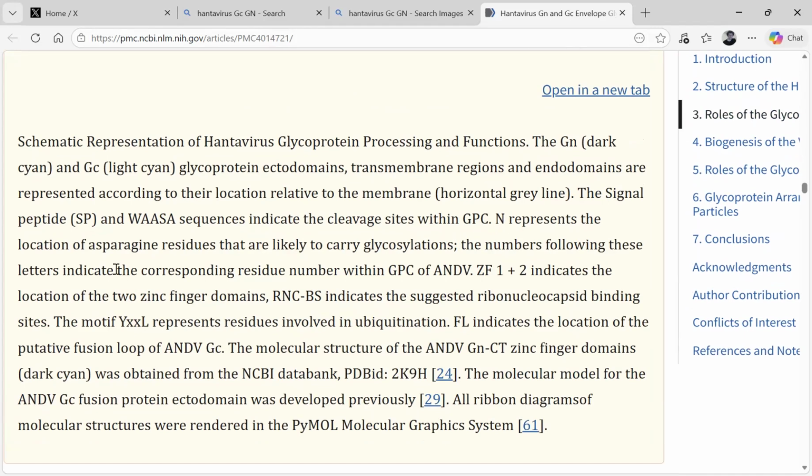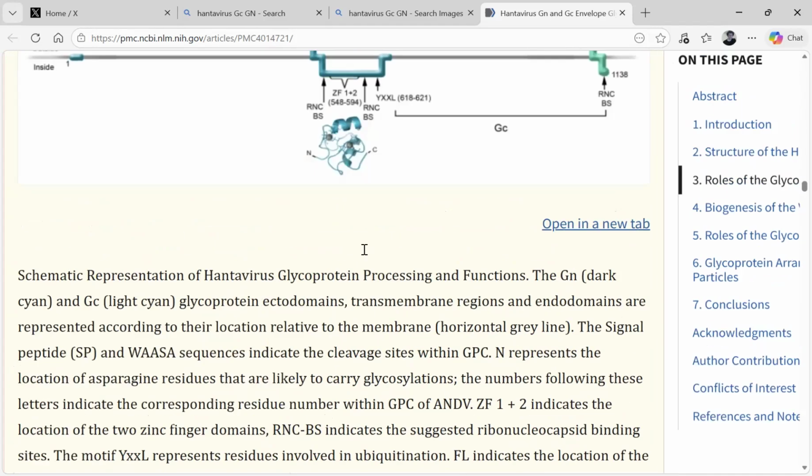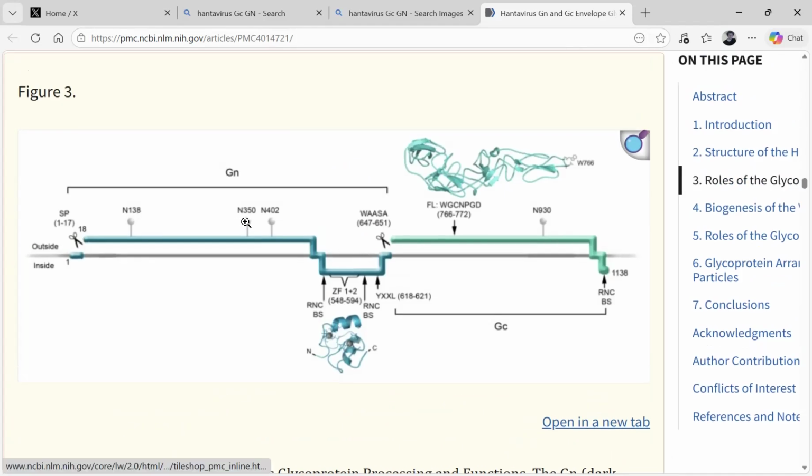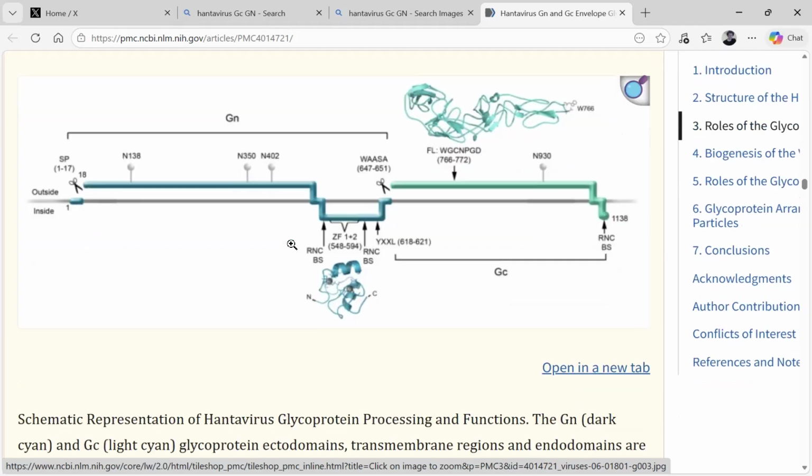Now, there are some additional things to keep note of. N represents the location of the asparagine residues that are likely to carry glycosylation. These are the N's. All right. And at these points, there is glycosylation that takes place for the GN and the GC. There seems to be more glycosylation on the GN than the GC.